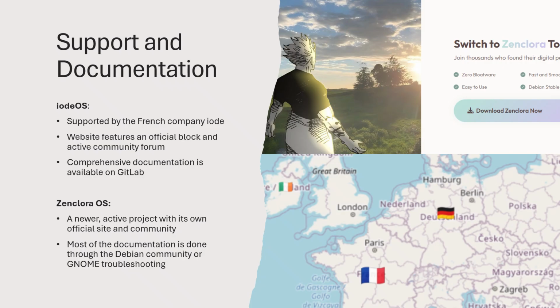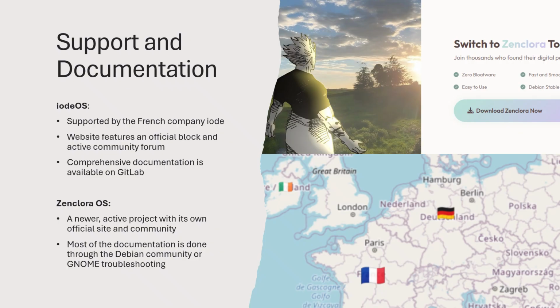Last but certainly not least, let's talk about IODE OS's and Zenclora's support and documentation. IODE OS has official backing by the French company IODE. They host an active community forum, blog, and other comprehensive technical documentation on GitLab, which is all on their website. IODE is a commercial product, so finding help or troubleshooting is very straightforward.